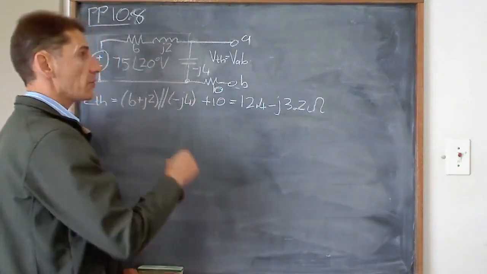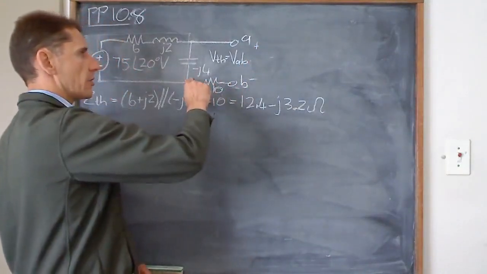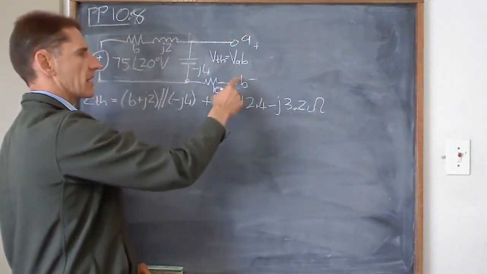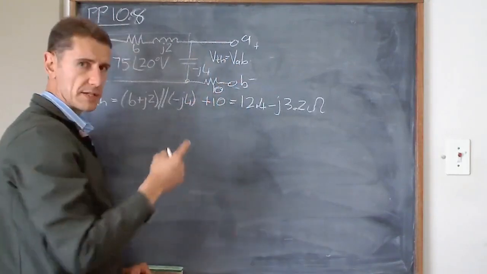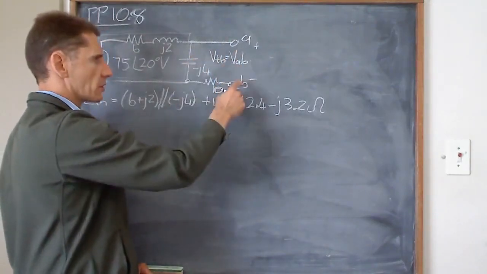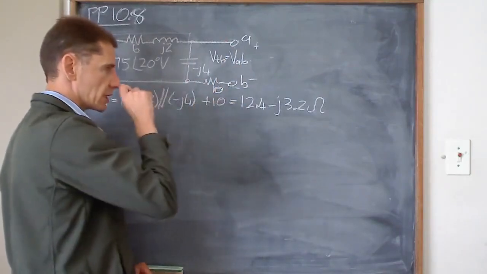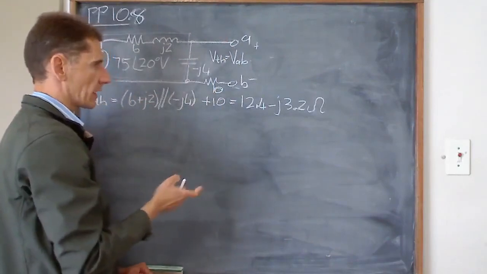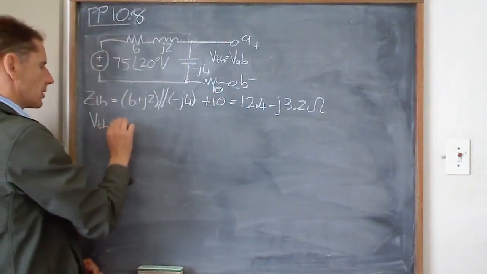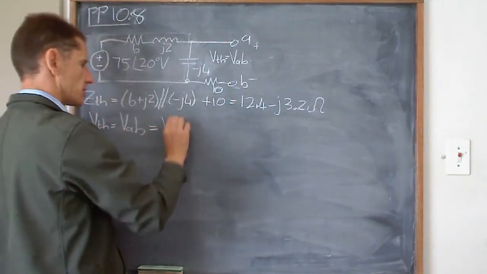Or if you want to write a KVL, it will be the voltage across the cap plus the voltage VAB plus the voltage across the 10 ohms must equal 0. But you're going to have a voltage plus 0 equals 0, so that term just falls away anyway. So V Thevenin equals VAB equals the source voltage.